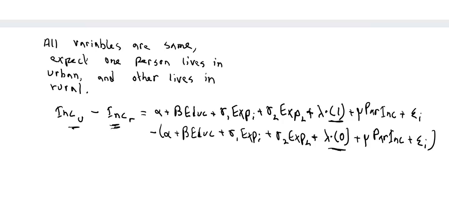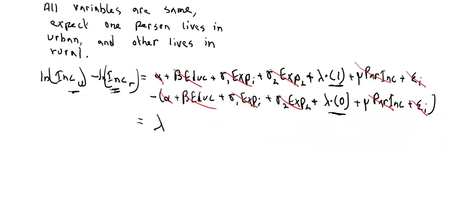Now, if we subtract their two equations, everything else gets cancelled, since everything else is equal except for the lambdas. So we end up with lambda minus lambda times 0, which is basically 0, so we end up with lambda. Remember, it was income of urban minus rural, but now we have a natural log.